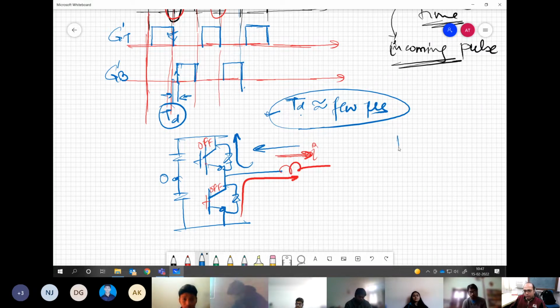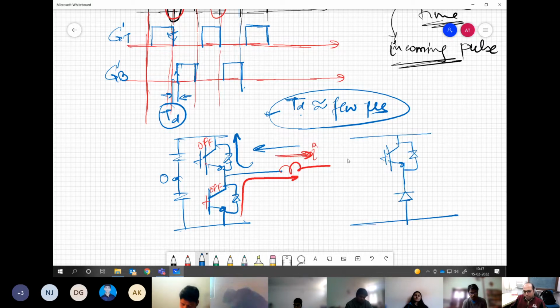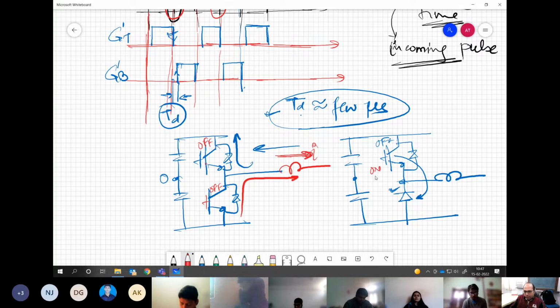Which means whenever we are going to turn on or turn off any device, let us say the top device, it is always going to have a transition with a diode. See, when this is going to turn off, this is conducting. So the transition is from device to diode, a current transition. Understand the point? Vice versa, when we have this device on and we are taking it off, then also the current will shift from device to diode.